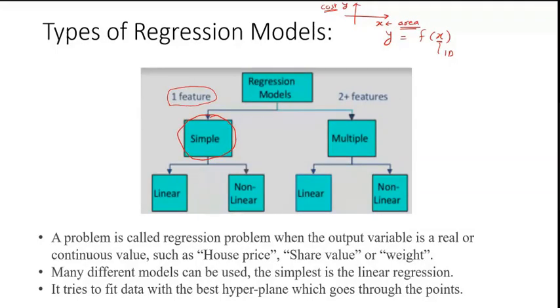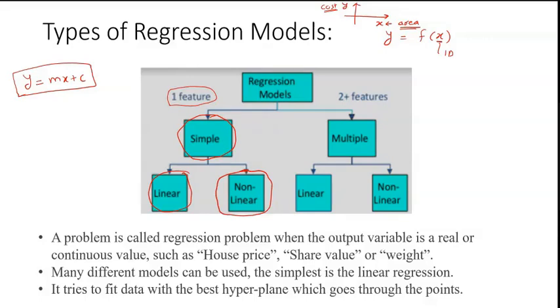And there are two types in the simple model. The first is the linear relation. I assume that y and x are in relation and they have a straight line kind of relation. There is another option, that the relation is non-linear. So if the relation is linear, that means I can write y equal to mx plus c. If I am able to fit a straight line, then the relation between y and x is like this.